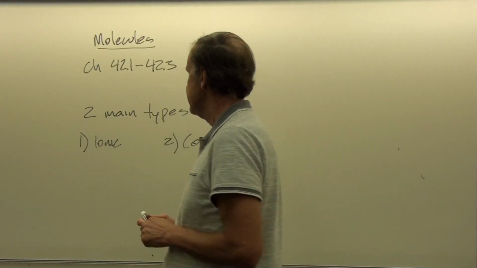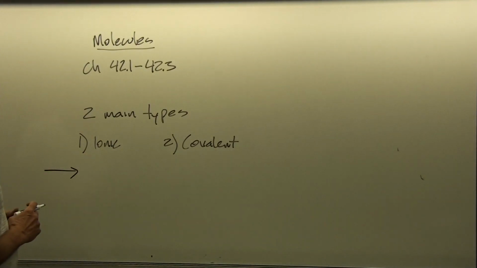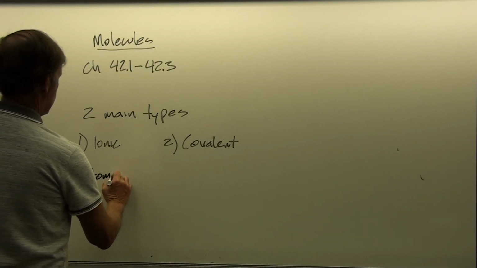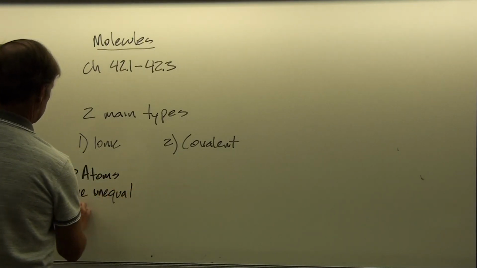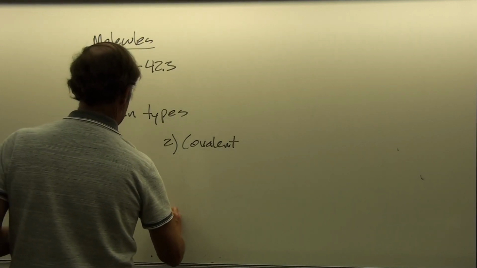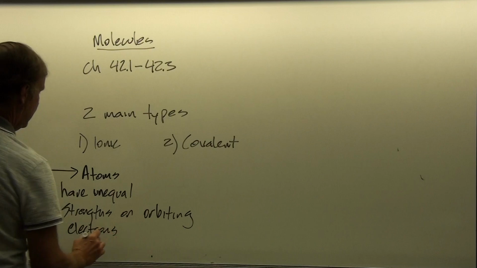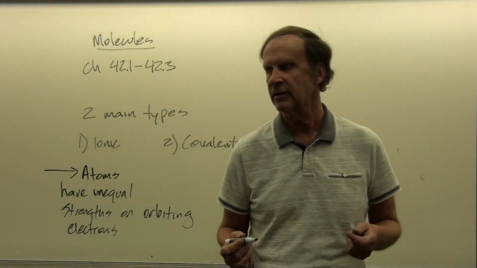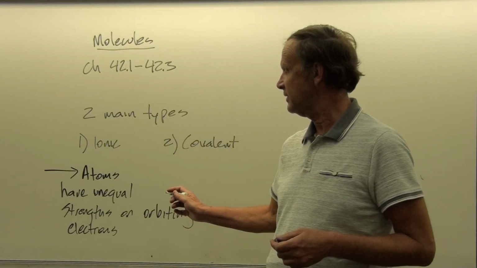In an ionic bond, the atoms have unequal strengths on the orbiting electrons, in such a way that essentially one of the outermost electrons is stolen from one of the atoms and then delivered to the other.